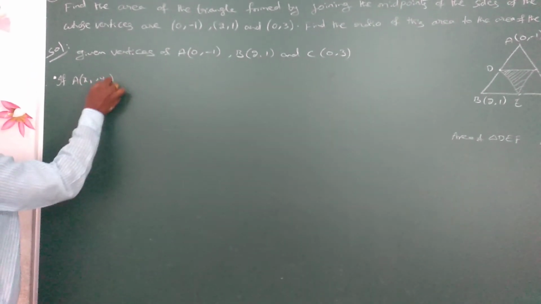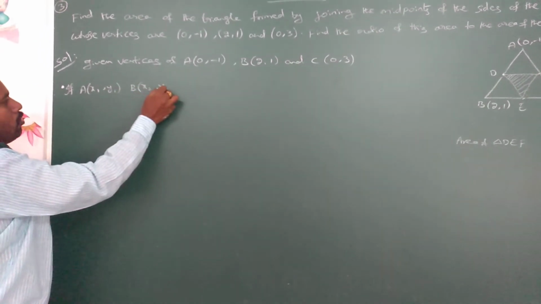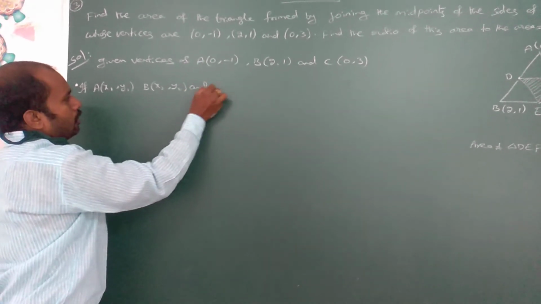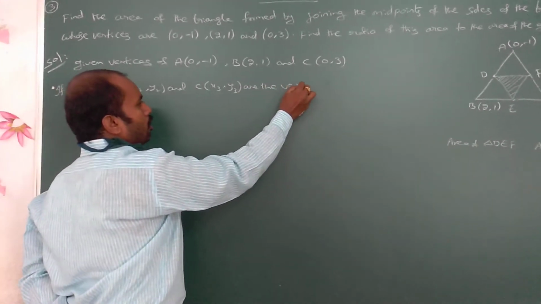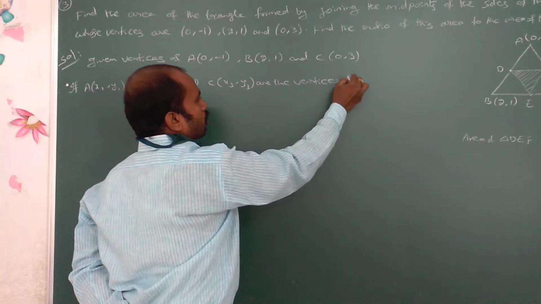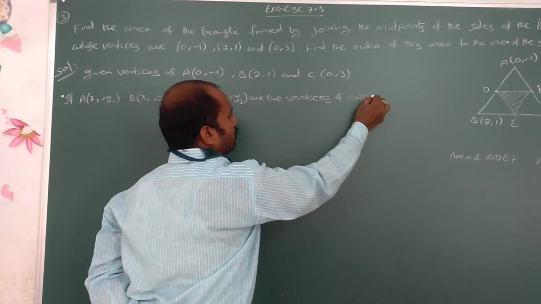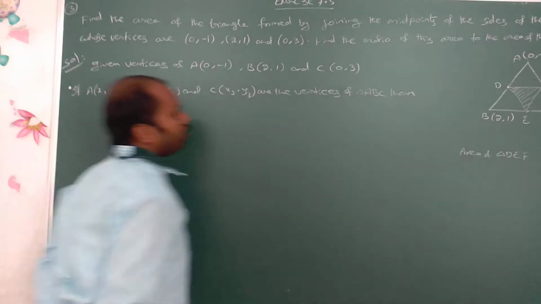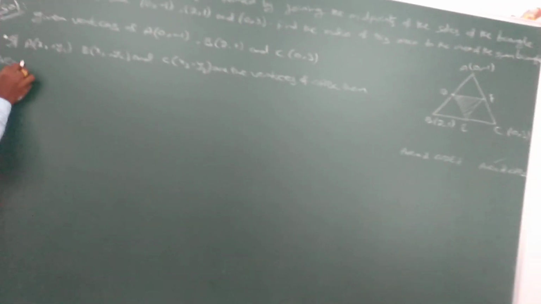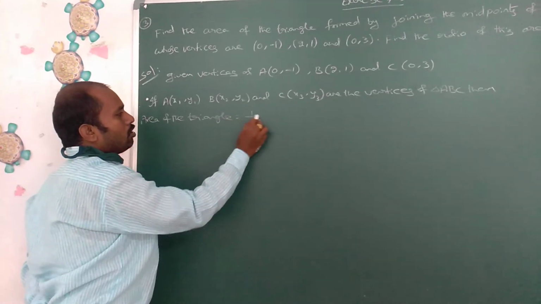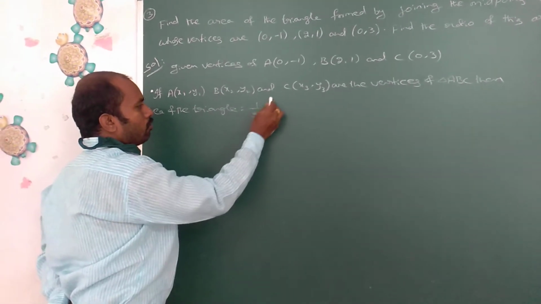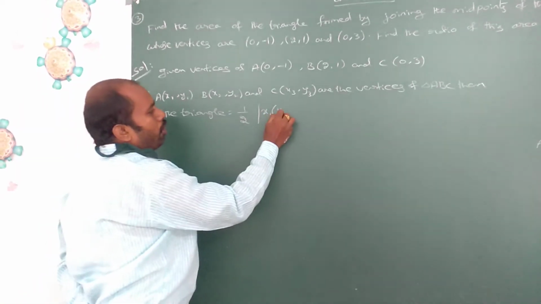Already you know that formula. If A (x1, y1), B (x2, y2) and C (x3, y3) are the vertices of triangle ABC, then the area of the triangle is half modulus of x1 into (y2 minus y3).